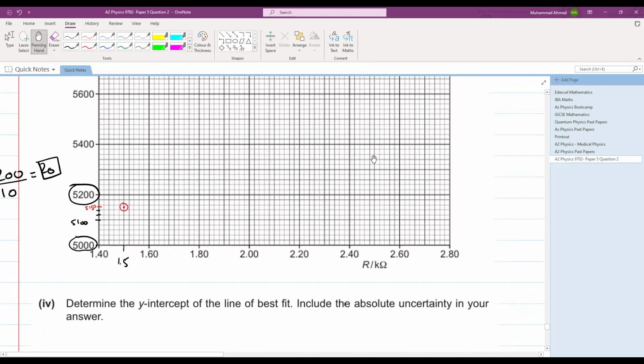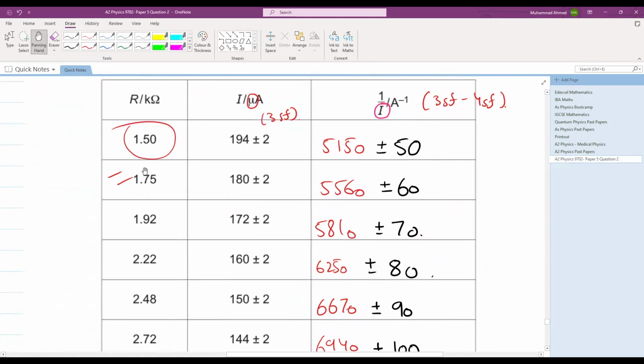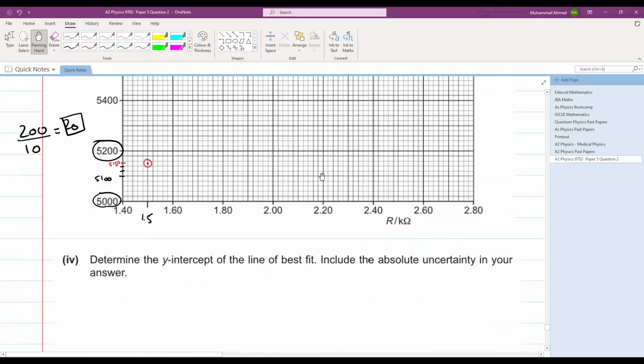Perfect. What is your second point? Your second point is a resistance of 1.75, and on the y-axis you have 5560. First of all, where will we find 1.75? Here again you can analyze the scale on the x-axis. You are going from 1.6 to 1.8 in 10 small boxes.